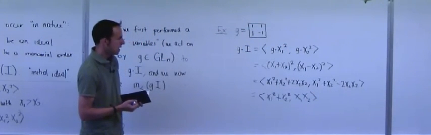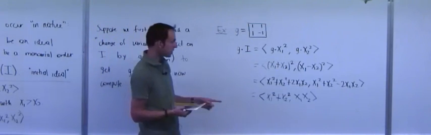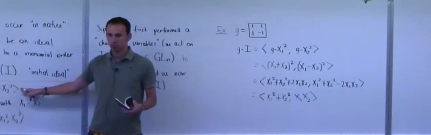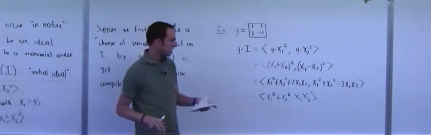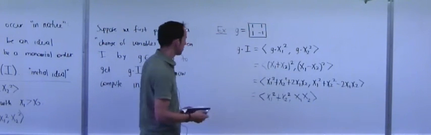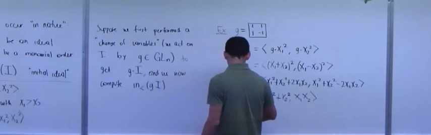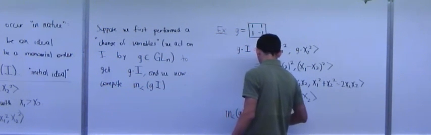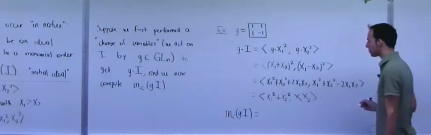Okay? And now we can see that actually we did change the ideal because, for example, x1 x2 lives here, and x1 x2 does not live here. x1 squared lives here, and x1 squared does not live here. Okay? And so let's just take now the initial ideal according to the lexicographic order with x1 bigger than x2. Okay?